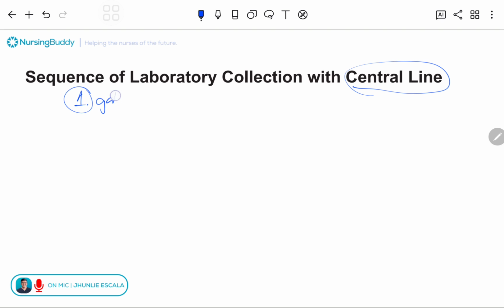You gather supplies, all supplies needed. Number 2, perform hand hygiene, kapatid. And number 3, scrub. Scrub what? Scrub the lumen with alcohol swab.